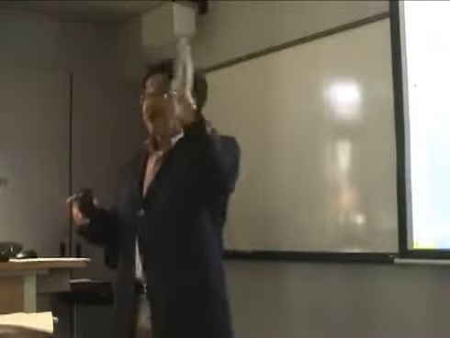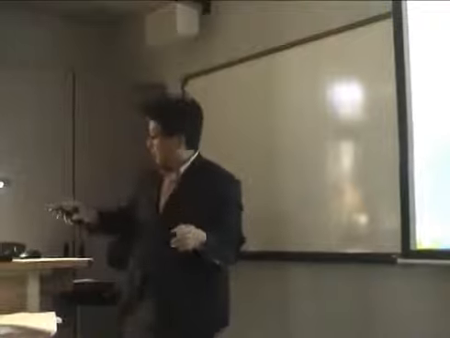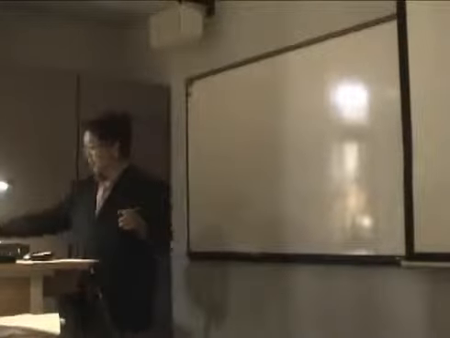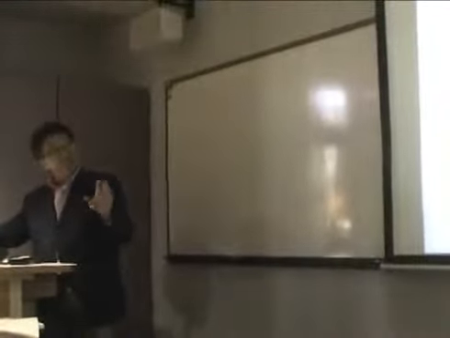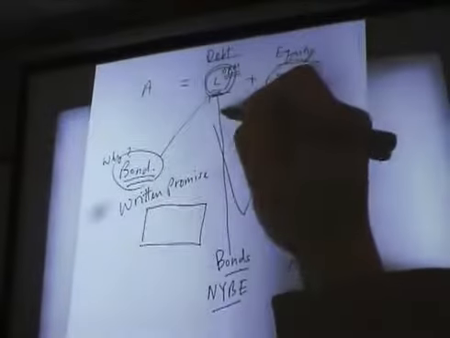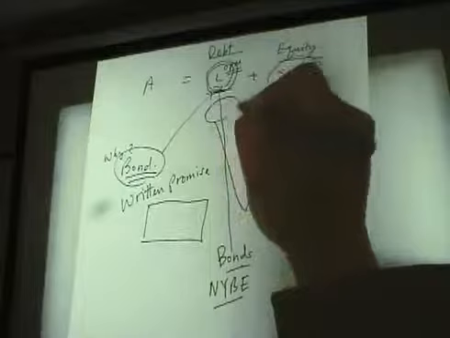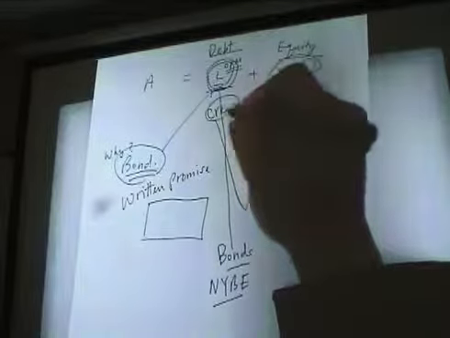Here, interest, bonds. Speaking of that, I forgot to mention this. Let's establish a relationship when we talk about interest payment. From our perspective, we're going to call bondholders creditors.